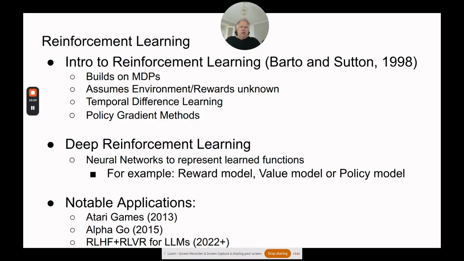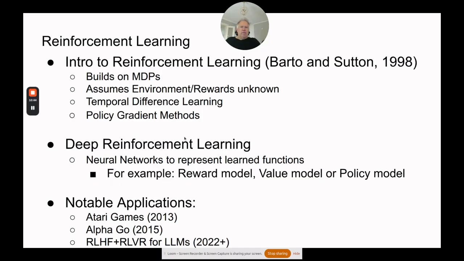Reinforcement learning has been pioneered by a huge group, but the two people that get the most attention for it are Barto and Sutton. And in fact, for this Intro to Reinforcement Learning, I should tell you that there's a 2018 version of this. I'll update the slides to 2018. You should look at the 2018 version of it.